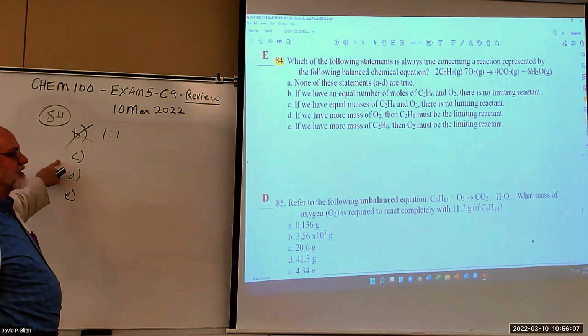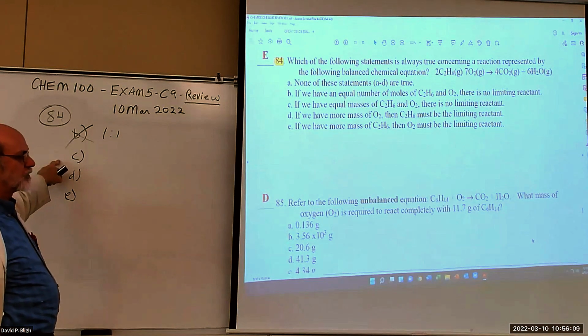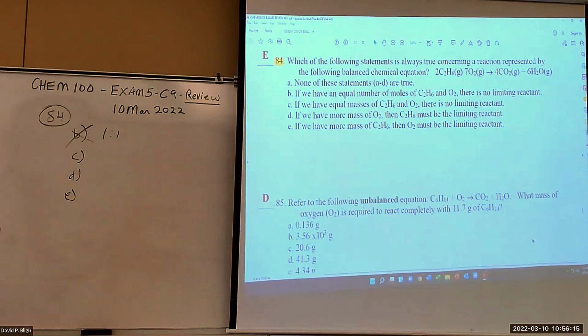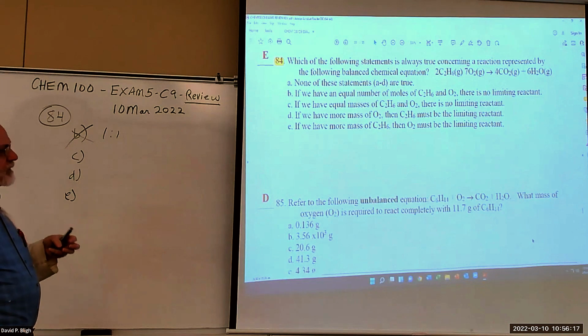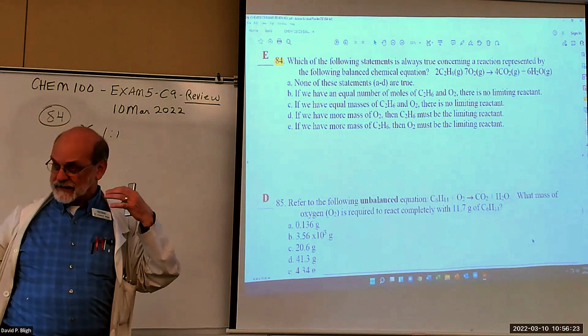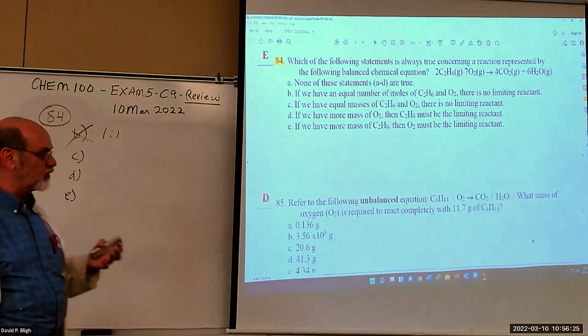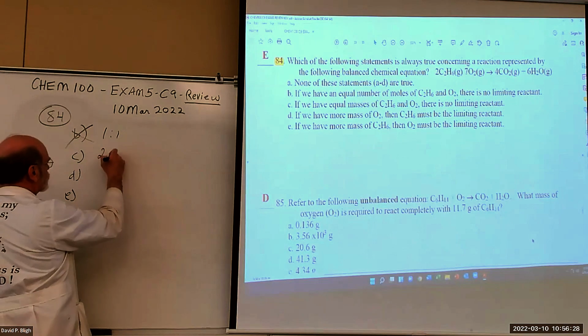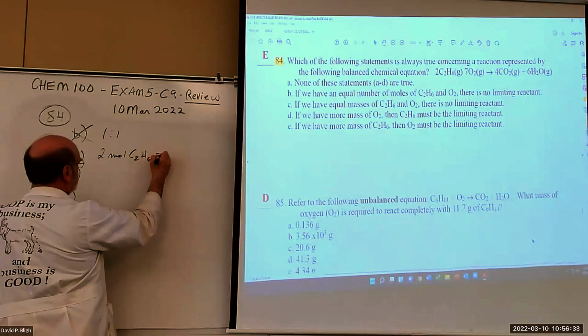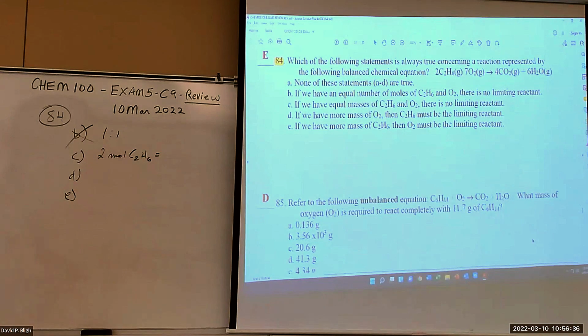If we have equal masses of C2H6 and O2, there's no limiting reactant. Okay. So how would I approach this one? If the stoichiometry is 2 moles of ethane and 7 moles of oxygen, what is that in relation to mass? 2 moles of ethane equals, let's see, 1 mole would be 2 carbons, 12.01 times 2, and 6 hydrogens, 6.06.